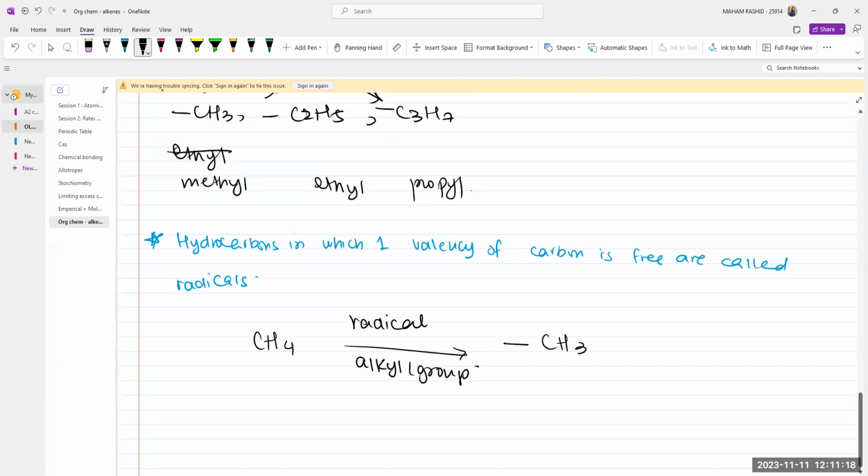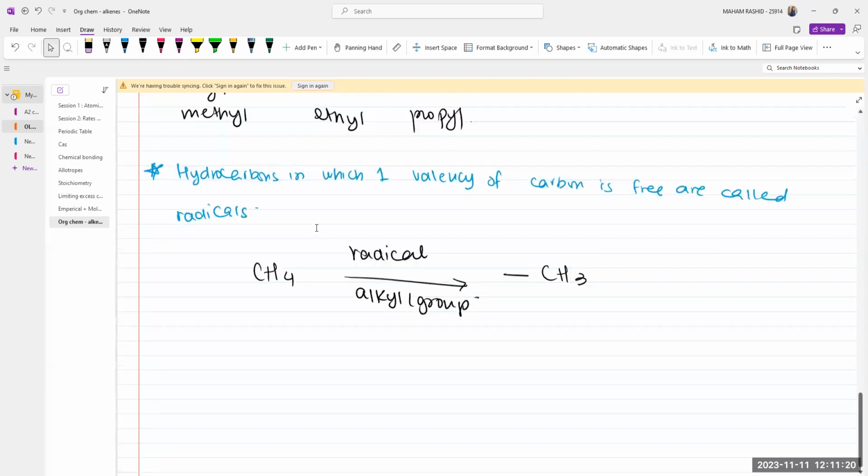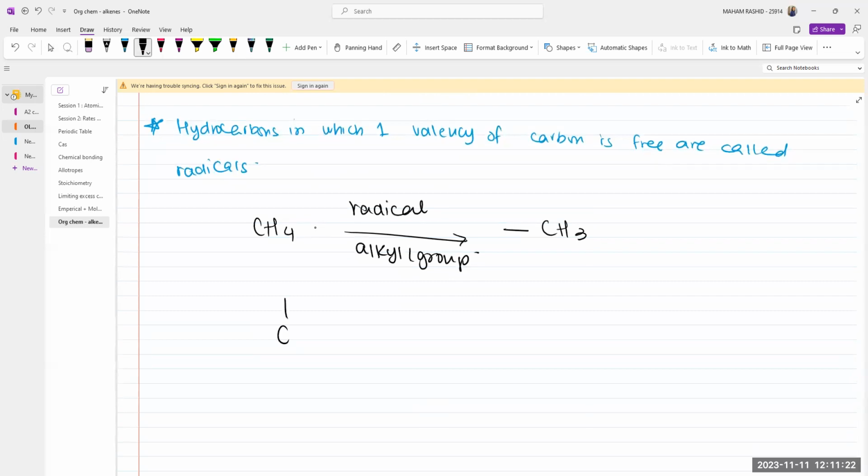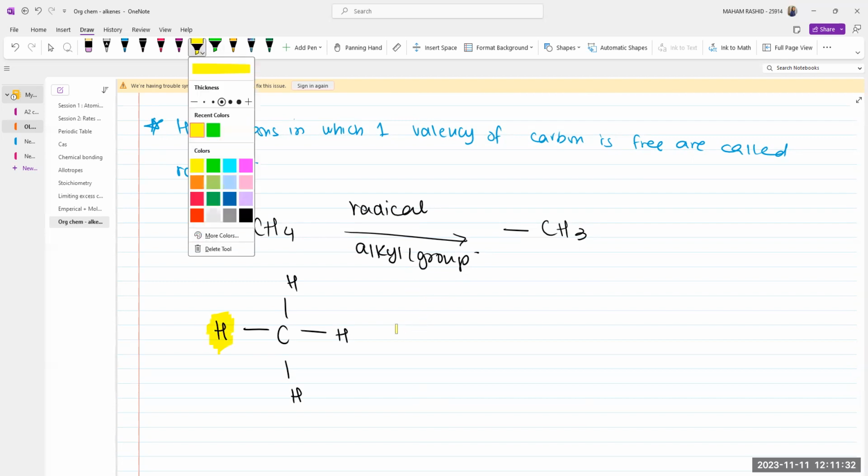Okay? What do I mean by that? I have a carbon that has 4 hydrogens attached. Now if I remove 1 hydrogen from here, what am I going to be left with?